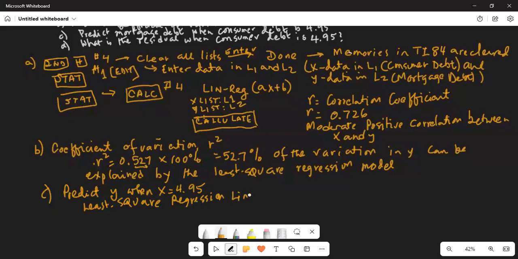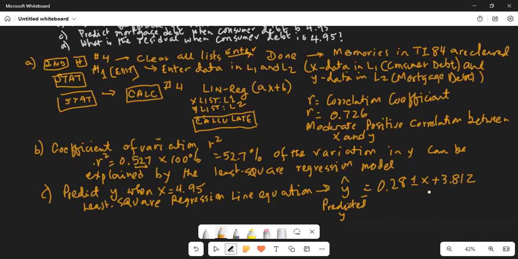The line equation is predicted Y equal to A, the slope, which is 0.281, so y equals 0.281x, and the intercept is plus 3.812.